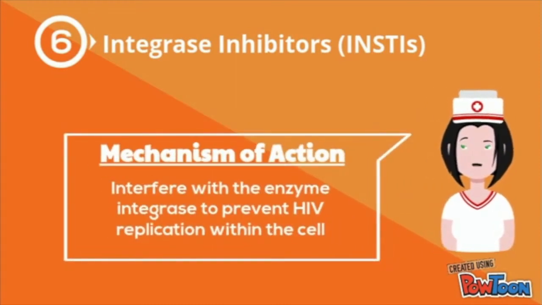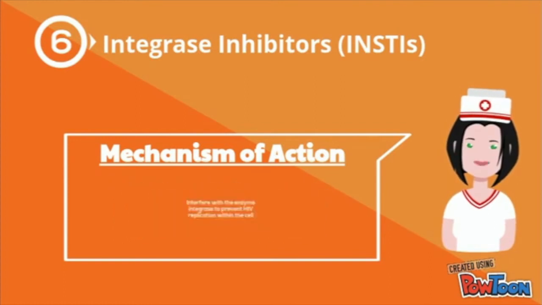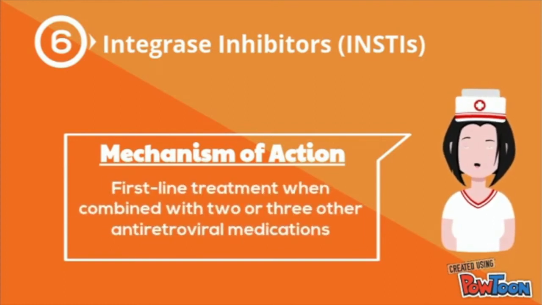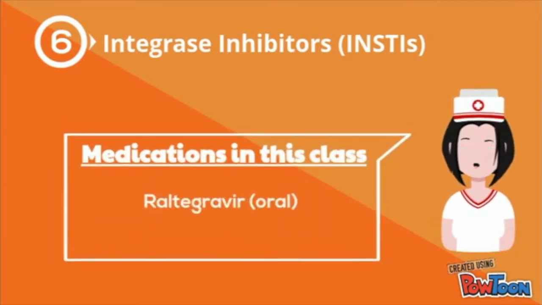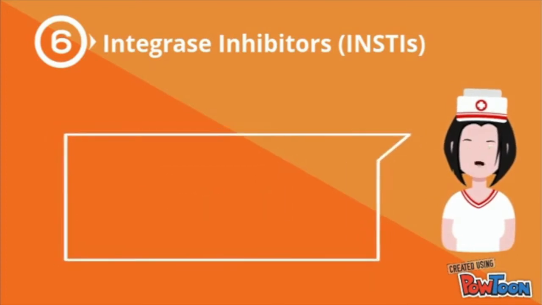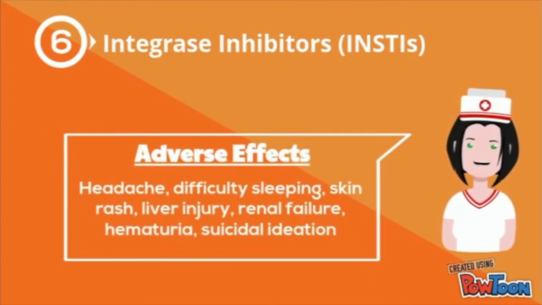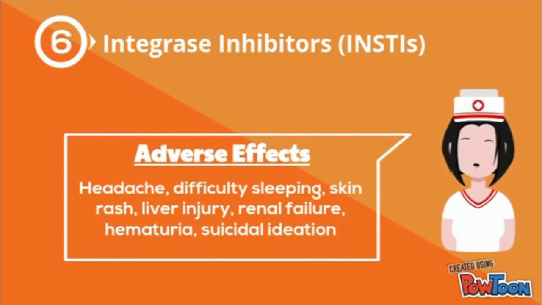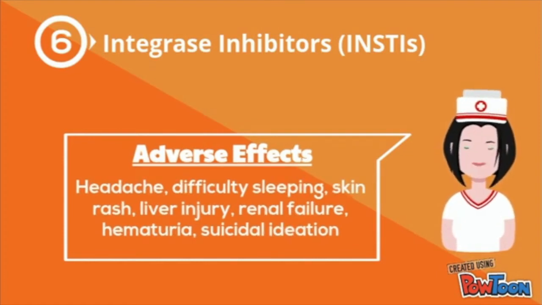Integrase inhibitors interfere with the enzyme integrase to prevent HIV replication within the cell. They are the first-line treatment when combined with 2 or 3 other antiretroviral medications. A medication in this class is raltegravir. It is given orally. Adverse effects include headache, difficulty sleeping, skin rash, liver injury, renal failure, hematuria, and suicidal ideation.